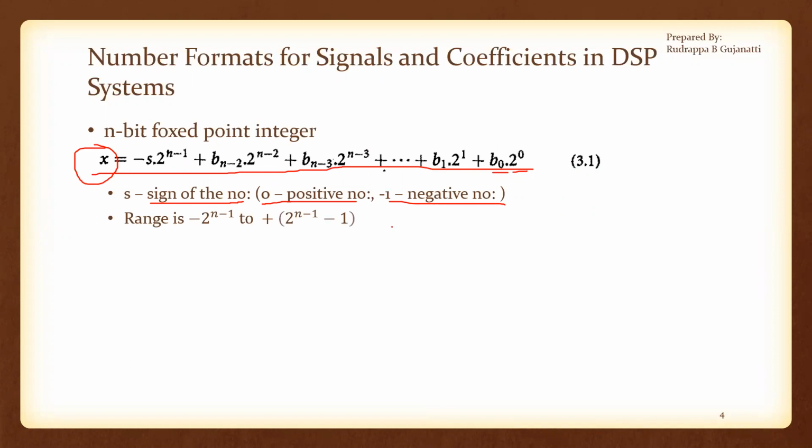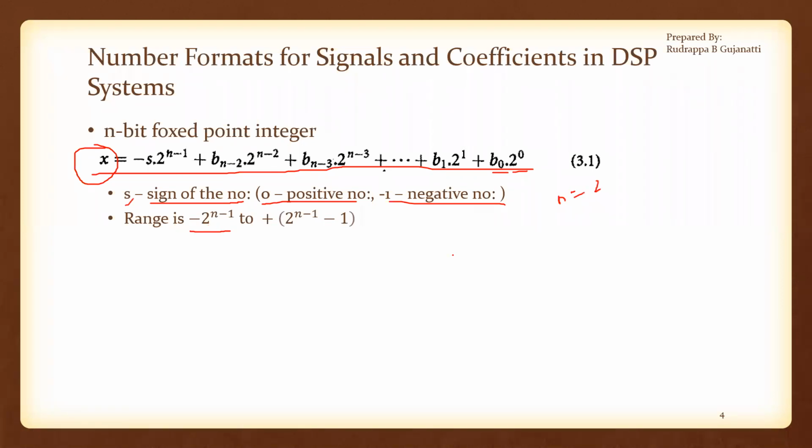Then what will be the range of this format? Since we are representing both positive and negative numbers, I'll be able to represent numbers from minus 2 raised to n minus 1 to plus 2 raised to n minus 1, minus 1. So say, for example, n is equal to 2. What will be the numbers represented in this case?